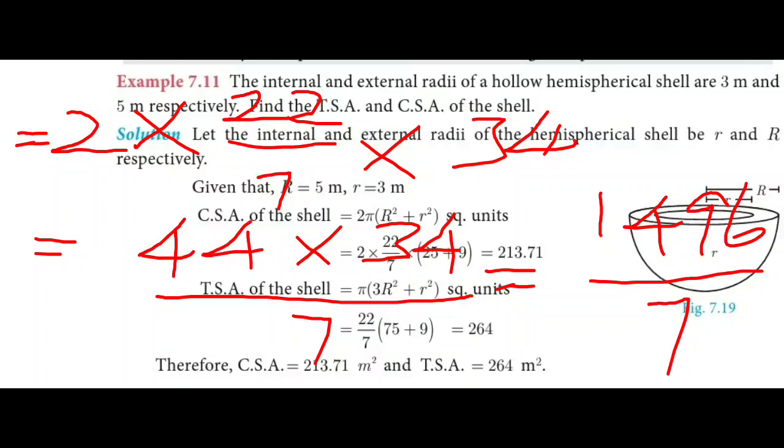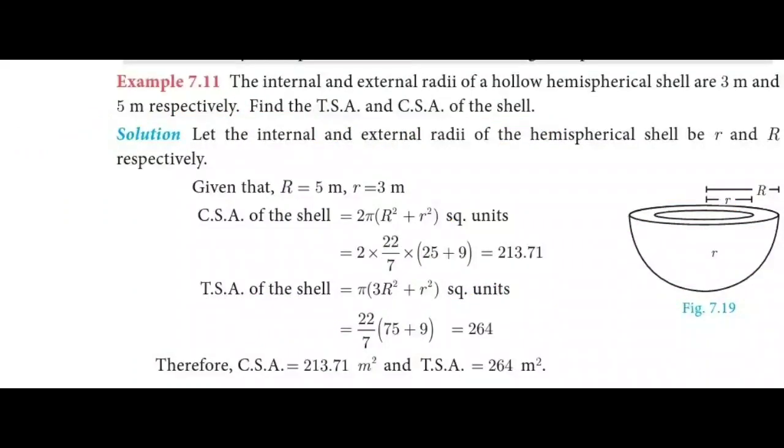Then 1496 divided by 7 we get 213.71. Therefore, CSA of the shell is equal to 213.71 meter squared.